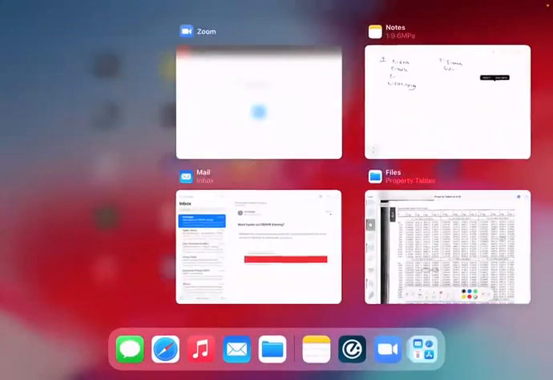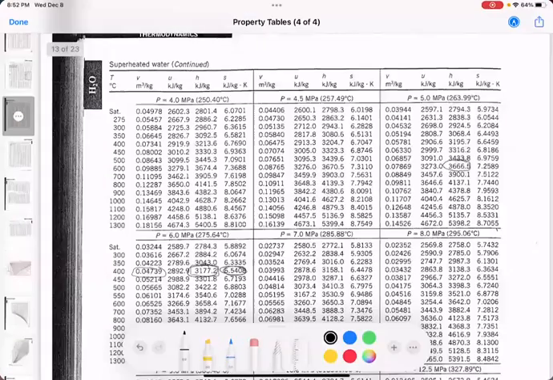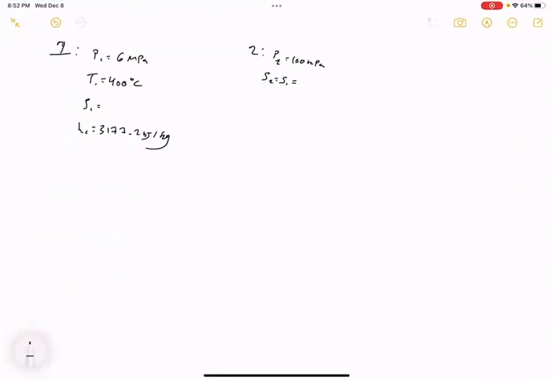And the entropy at that state is 6.5408 kilojoules per kilogram Kelvin.